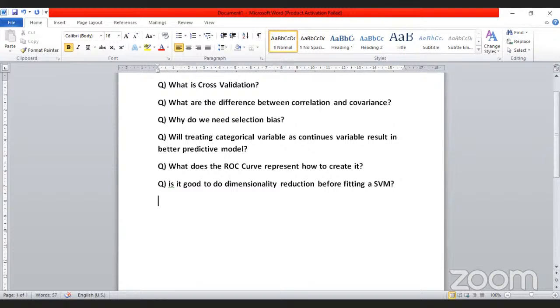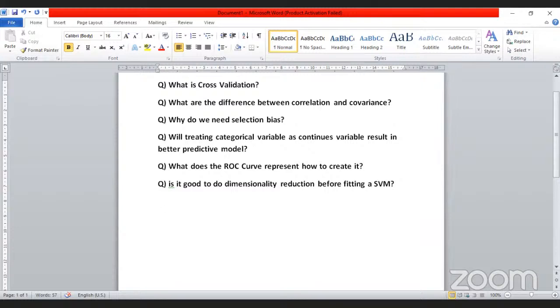See, in which scenario it is good, we will see. If the number of features is greater than the number of observations, then doing dimensionality reduction improves the SVM. Did you understand? Features means the columns, right?